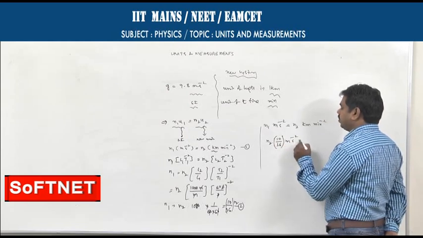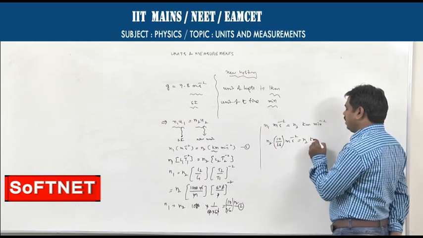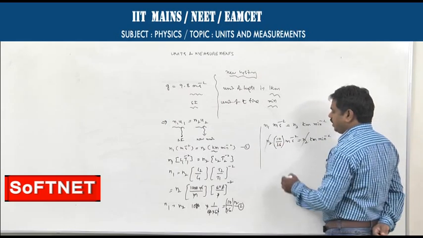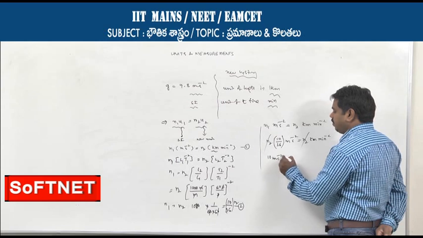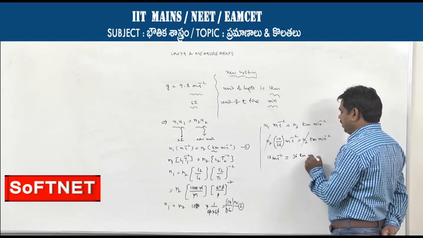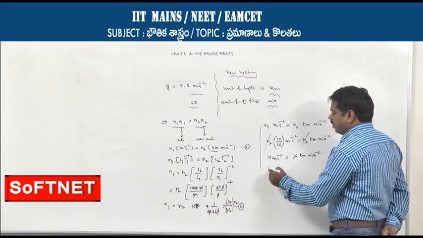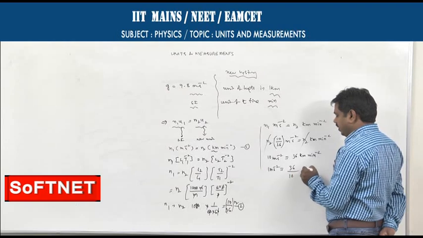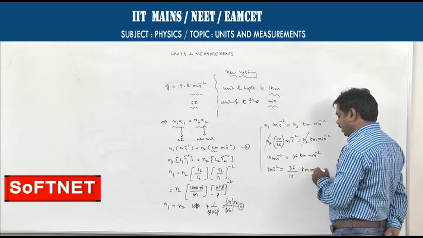Meter per second square is equal to N2 kilometer per minute square. N2 gets cancelled. 10 meter per second square is equal to 36 kilometer per minute square, or 1 meter per second square is equal to 36 by 10 kilometer per minute square.